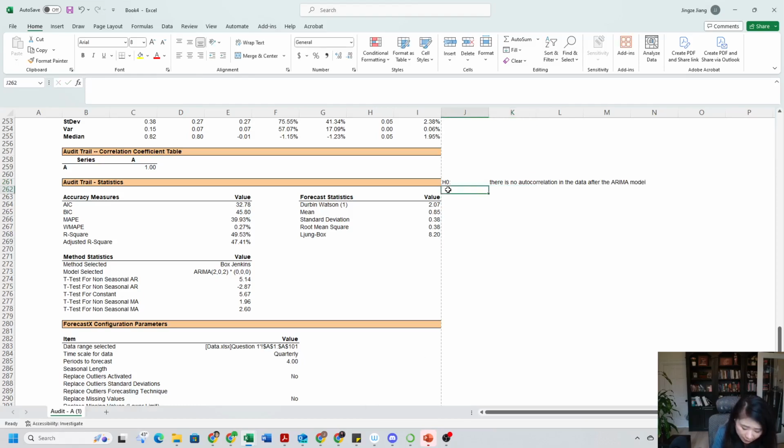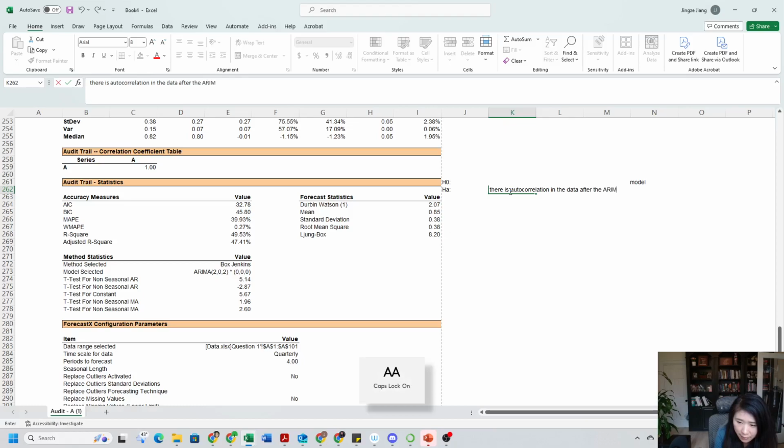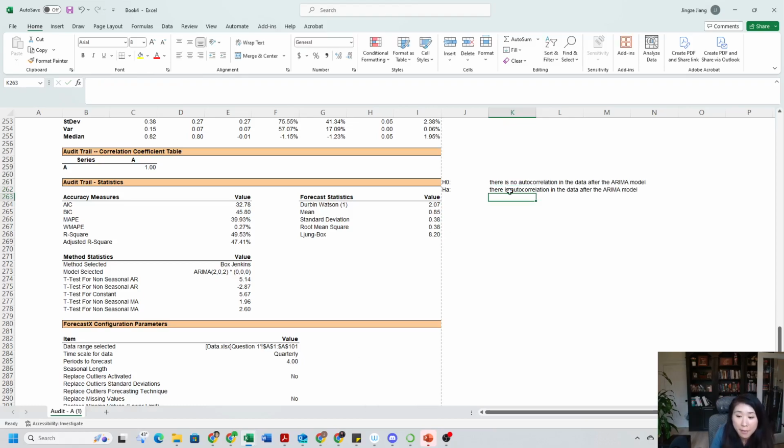And then the alternative hypothesis will be the opposite: there is autocorrelation in the data after the ARIMA model. Okay, so this is my hypothesis.